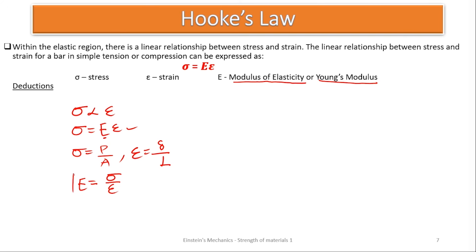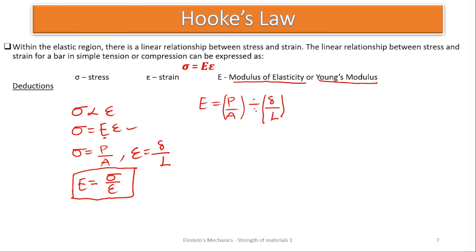Let's bring inside their parameters, where stress is force over area, strain is elongation over the length. So I'm going to get E is equal to stress P on A, this division, this one means division, elongation on length.